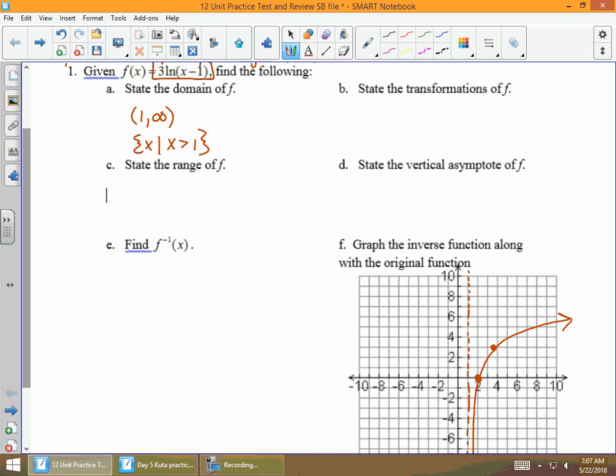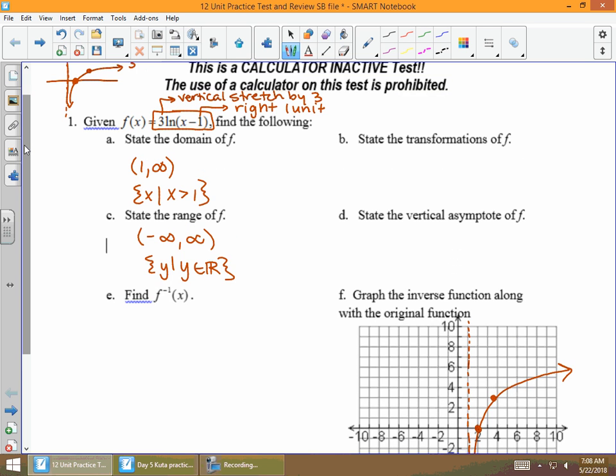Let's go ahead and do range as well. Our ln graph is going to hit all our x's and all our y's here, down to up. So negative infinity to infinity, or y such that y is an element of the real numbers. We already stated the transformations, I just didn't put them in the right spot.